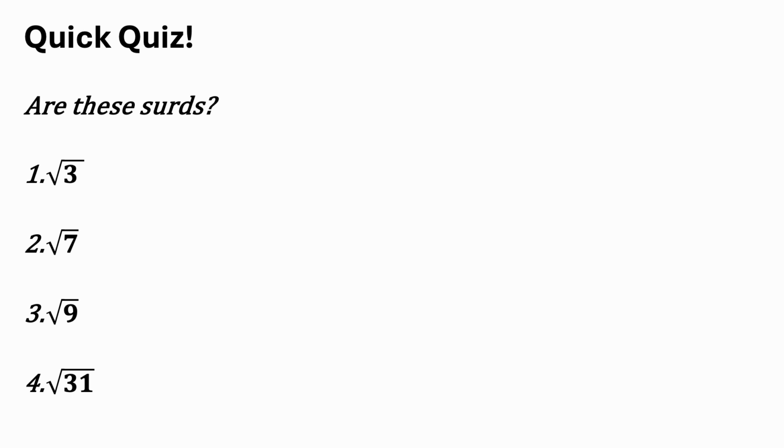So here's a quick quiz for you to do. All I want you to do is to pause and identify whether these are surds or whether they are not surds. Okay, so let's see. We have root 3. Root 3 is a surd.